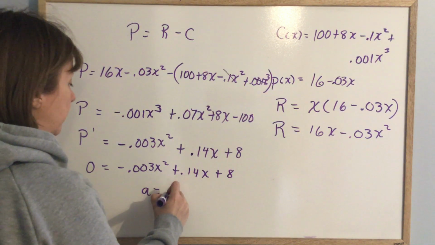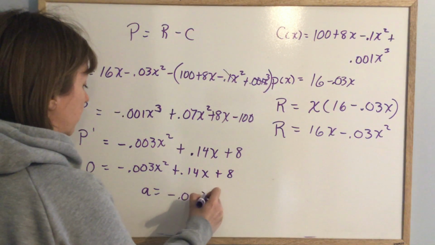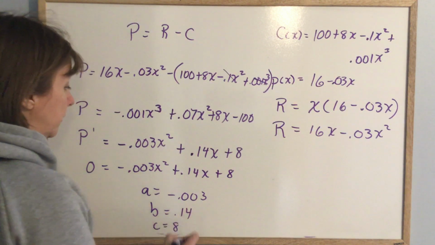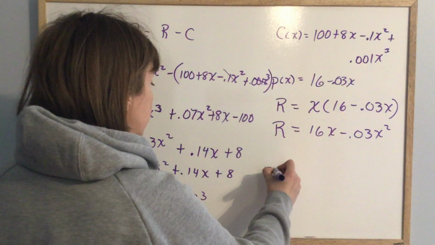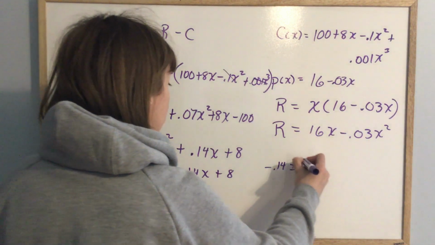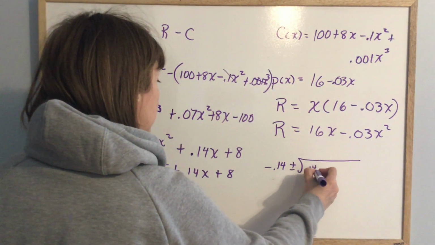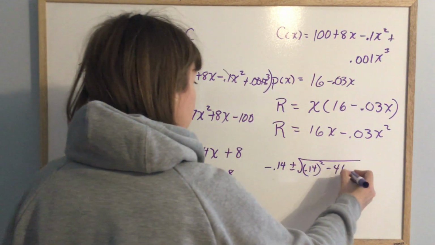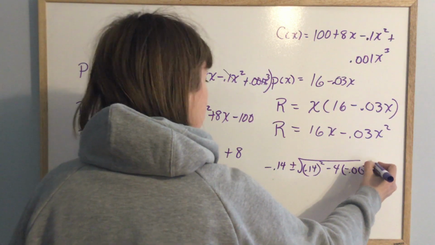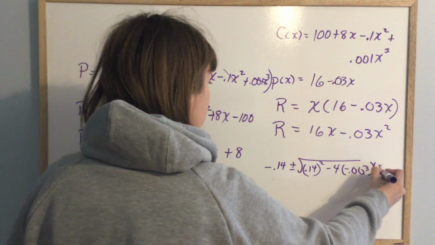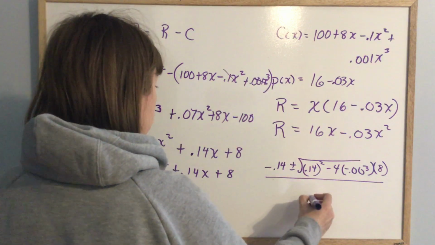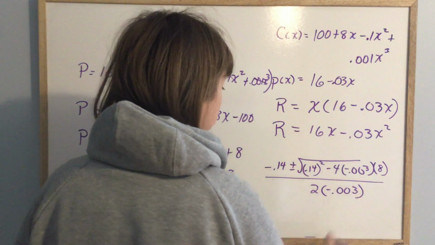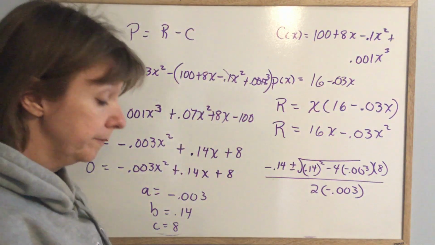So my A would be negative 0.003, my B would be 0.14, and my C would be 8. So negative B plus or minus the square root of B squared minus 4 times A, so negative 0.003 times C, which would be 8, all over 2 times A, so 2 times negative 0.003. Now that's just gross.